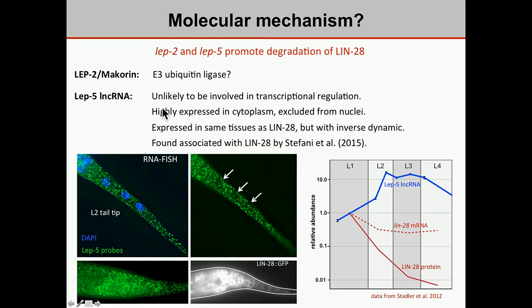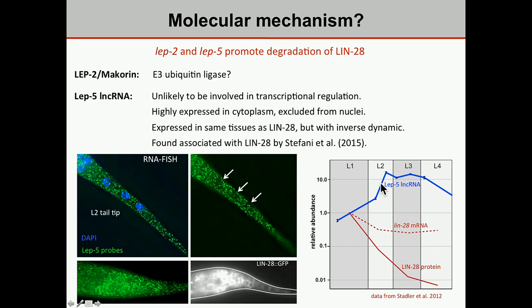For LEP5, it could, like many other long non-coding RNAs, act as a transcription regulator. In that case, we would expect it to be expressed in the nucleus, and it would also have to act on LIN-28 indirectly. However, LEP5 is extremely highly expressed in the cytoplasm, and it's more or less excluded from the nucleus. It's also expressed in the same tissues where LIN-28 protein is found.